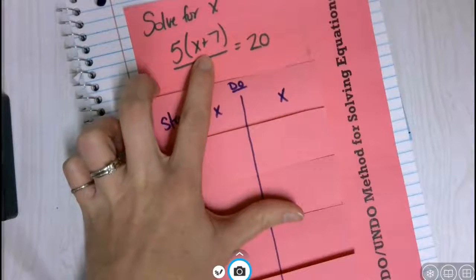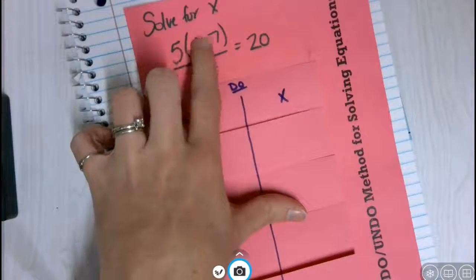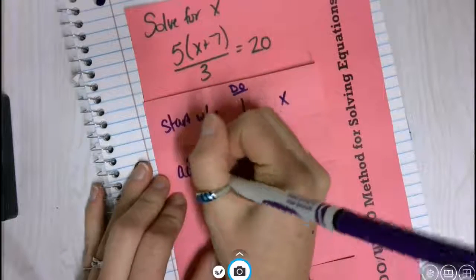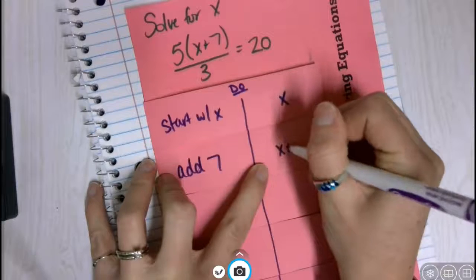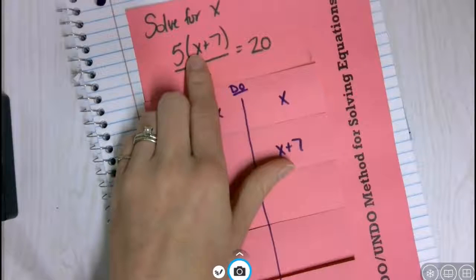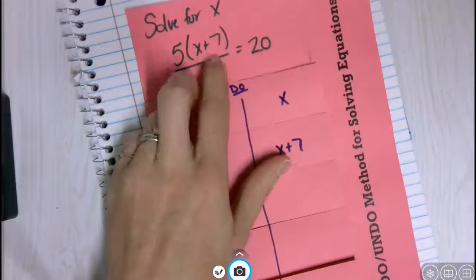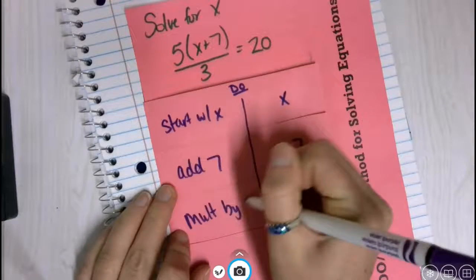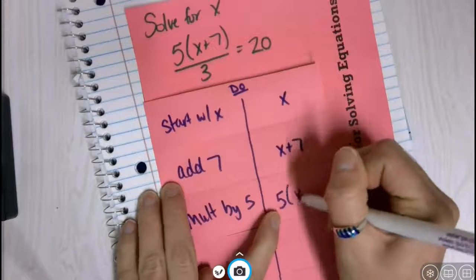The next thing I see is these parentheses, so the next thing I would do is add 7. Then I see I'm multiplying by 5, so I end up with 5 times x plus 7.